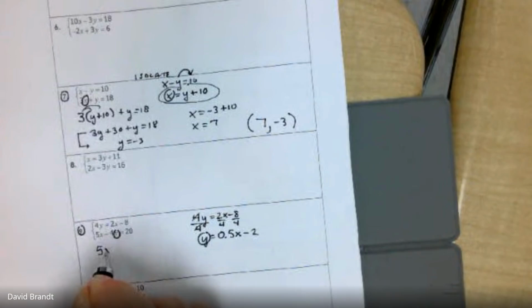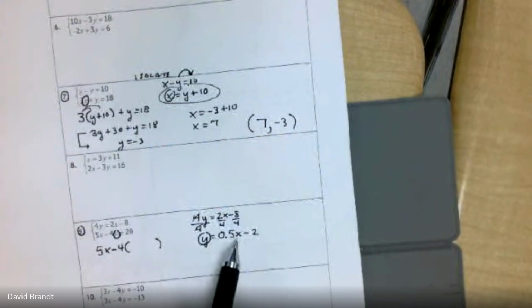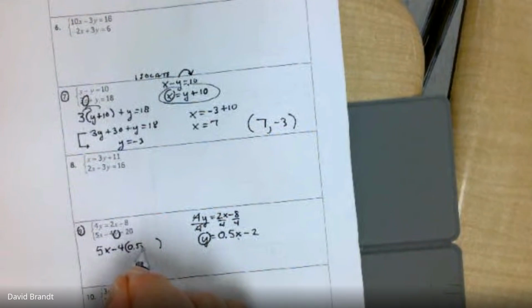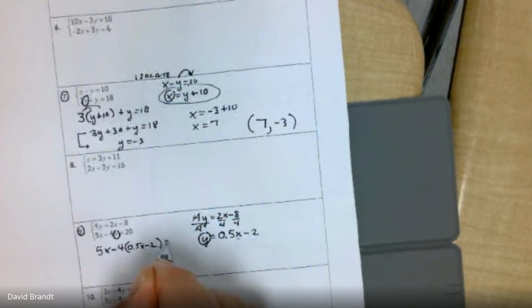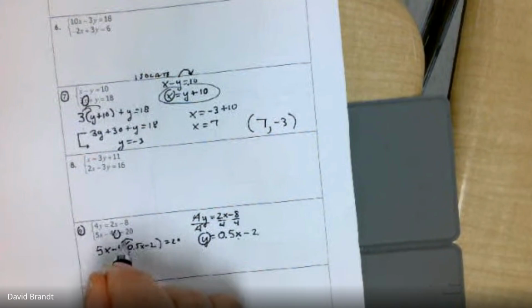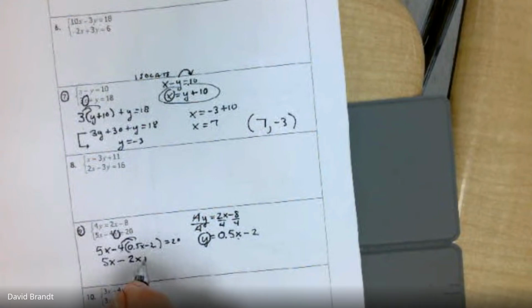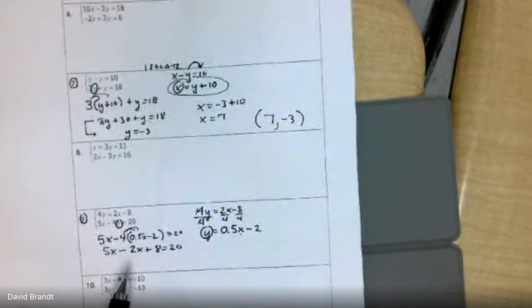You're going to replace that Y with 0.5x minus 2. Don't let that decimal scare you, because when you distribute, 4 times 0.5 is just 2. And then -4 times -2, that's a +8. All right. You know how to finish that problem.